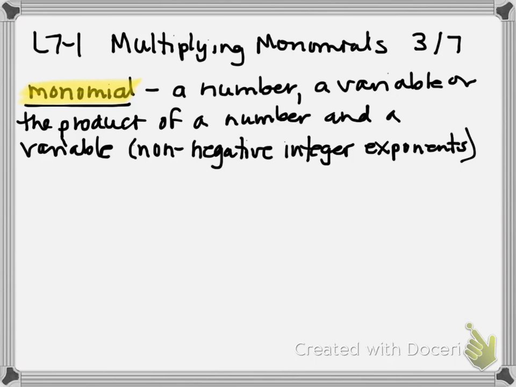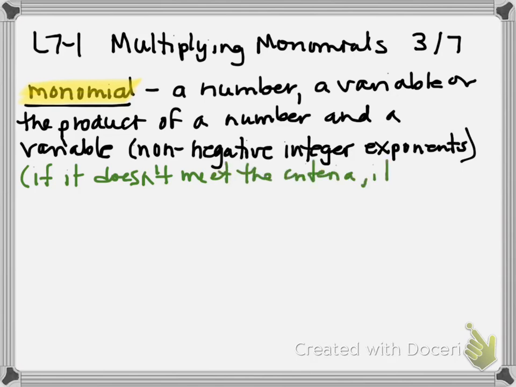So when it doesn't meet the criteria, I'm going to put in parentheses, if it doesn't meet the criteria, it is called a term. Okay, so monomial only meets this definition, and let me give you something that it definitely is not.